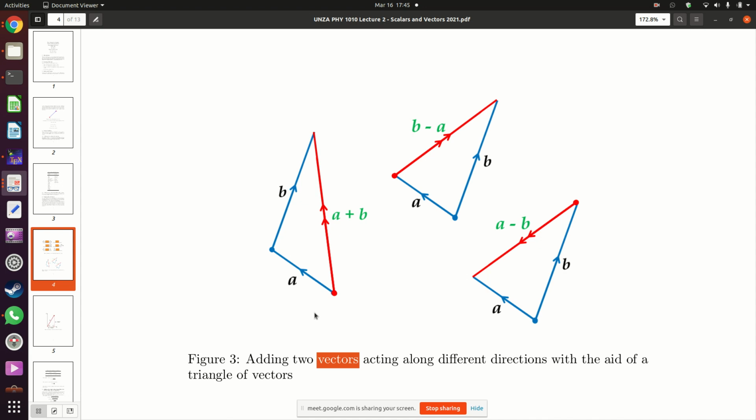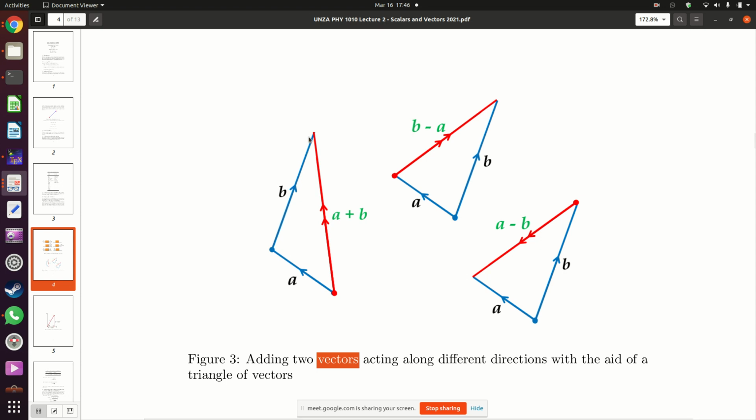So using a picture, we can show you what A plus B is going to look like. It's going to be this particular direction, but we don't use this method to actually find A plus B. We use it for demonstrating what A plus B looks like when you're adding vectors. Okay? You move along vector A, then you move along vector B.